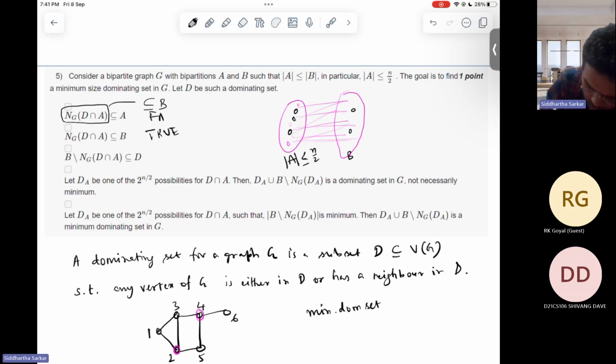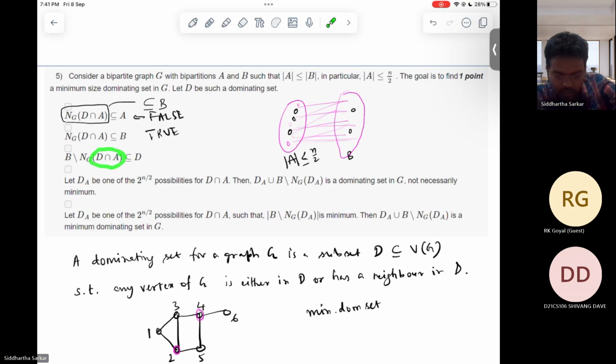This one is false. Okay, so let's look at the next one. The next one is saying that you look at some vertices of B, and you remove those vertices of the neighborhood of D intersection A. So let me just do some color coding.